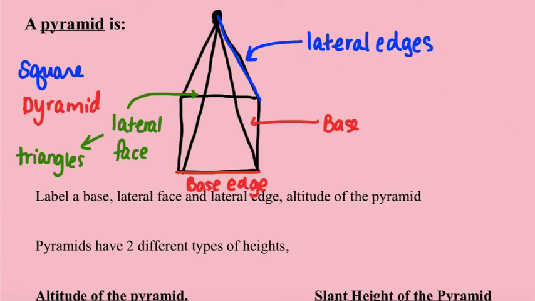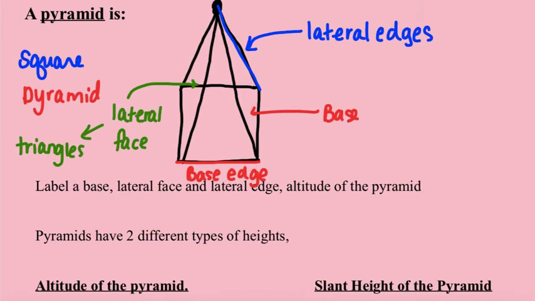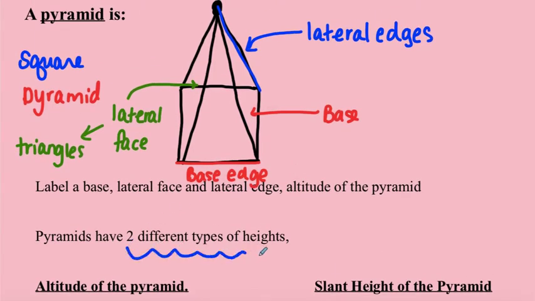Now the only thing I want to do in this video is talk to you about the two different types of heights of a pyramid. So when I say the altitude of a pyramid, I'm hoping you're thinking like the altitude of a triangle. So I'm going to actually use red here. The altitude comes from this top point. We call it the vertex.